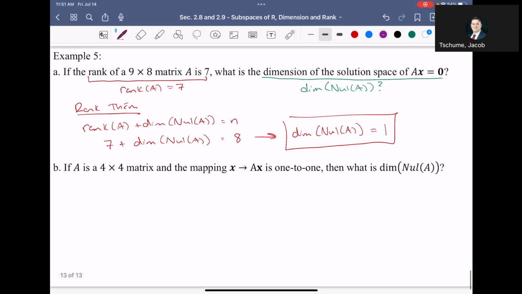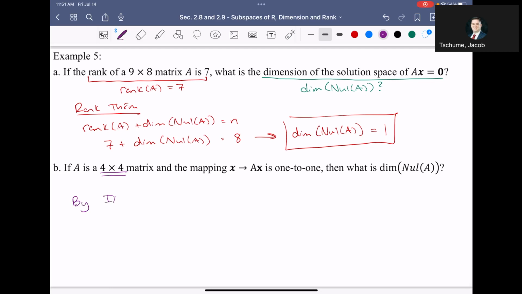All right, part B of this kind of question says, if A is a 4 by 4 matrix and the transformation is 1-to-1, then what is the dimension of the null space? This is a pretty quick answer if you're starting to learn those steps of the invertible matrix theorem. Since it is a square matrix, we can use IMT, the invertible matrix theorem.